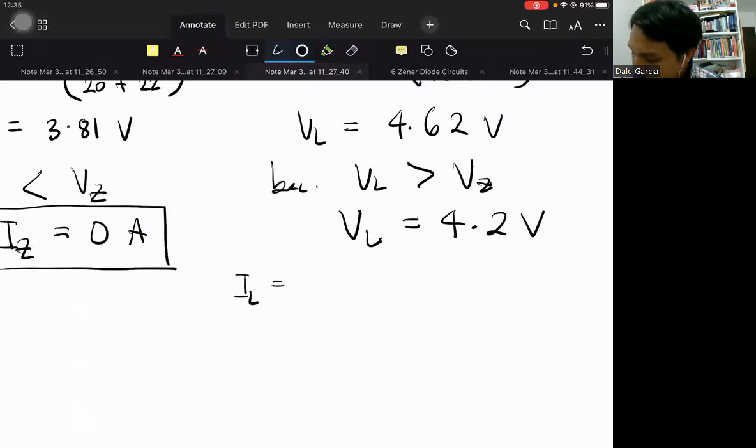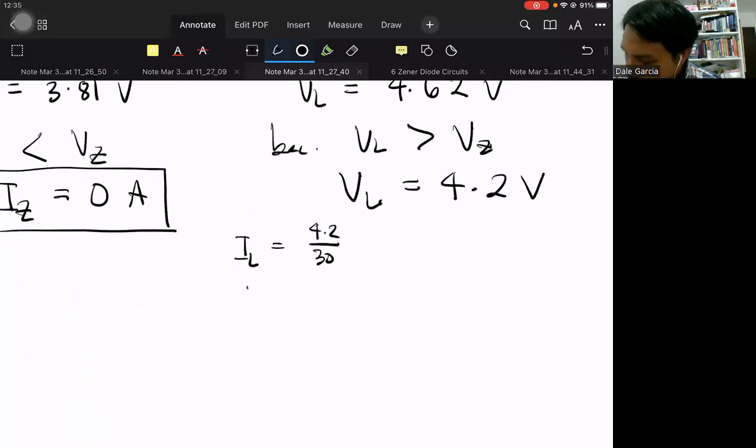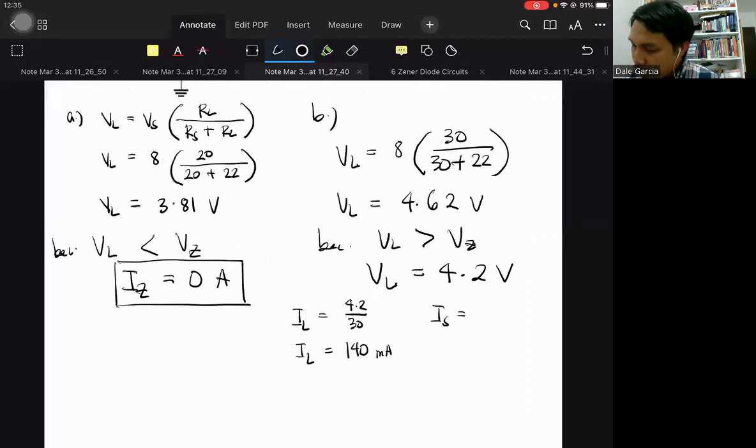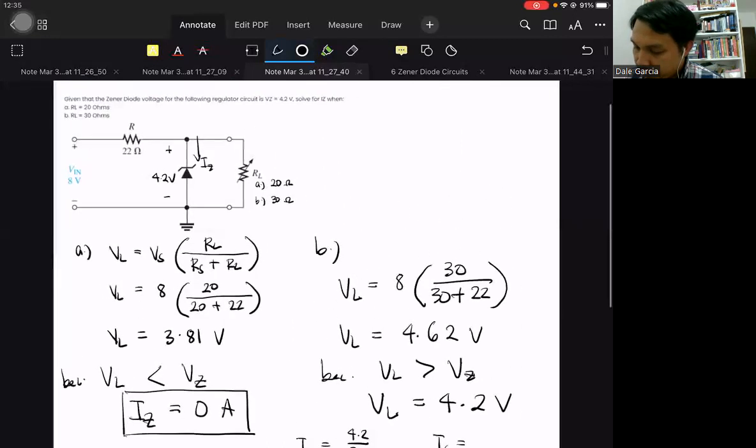IL is 4.2 over 30. 30 mo itong load, diba? IL is equal to 0.14 or 140 milliamperes. IS, how much is VS or the source?